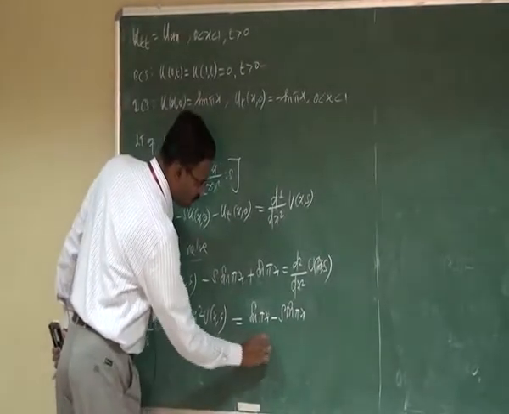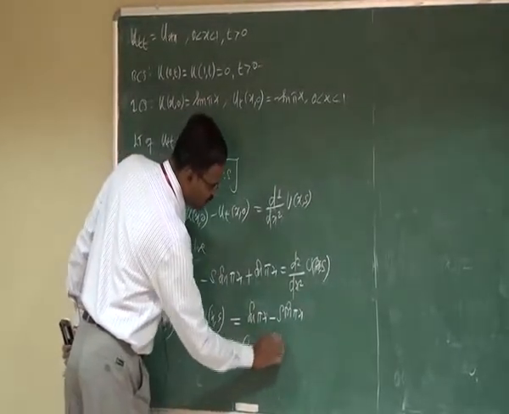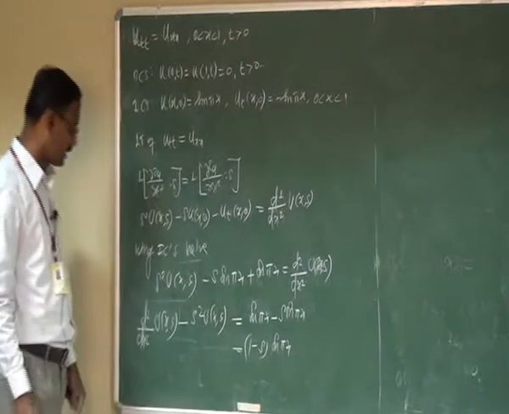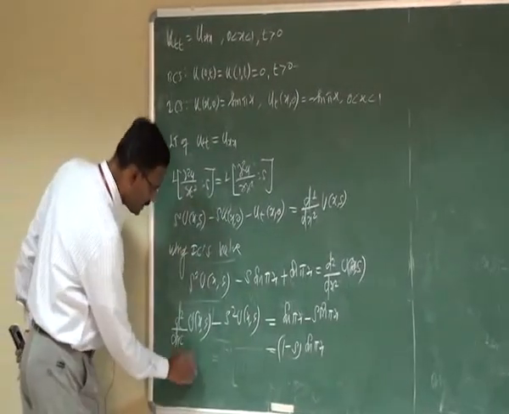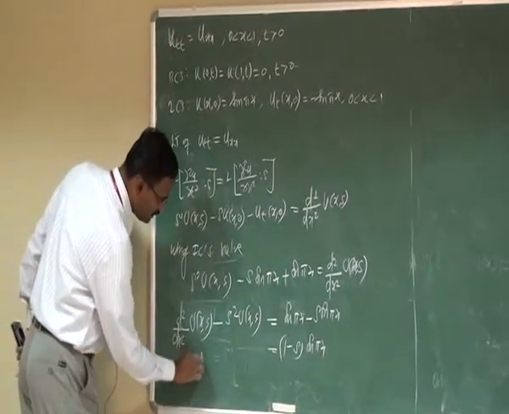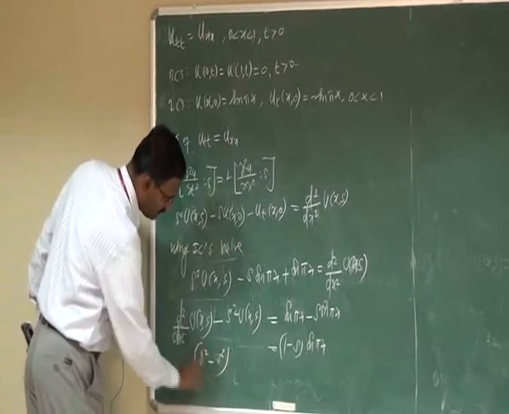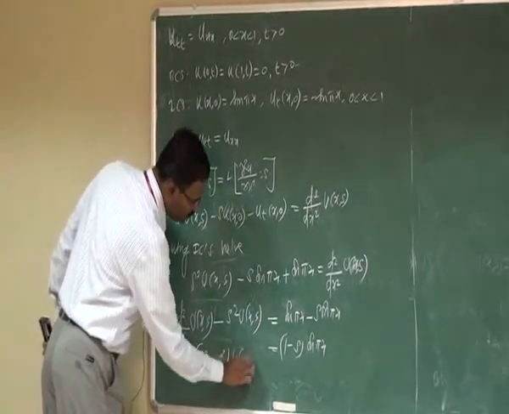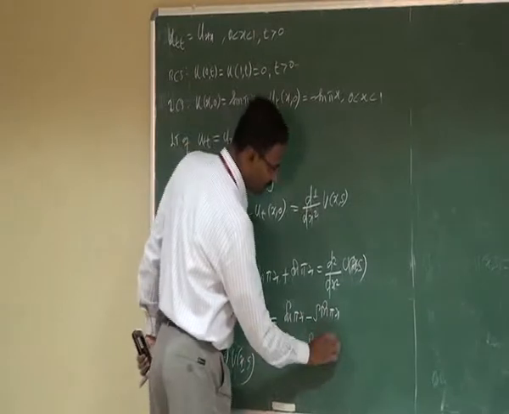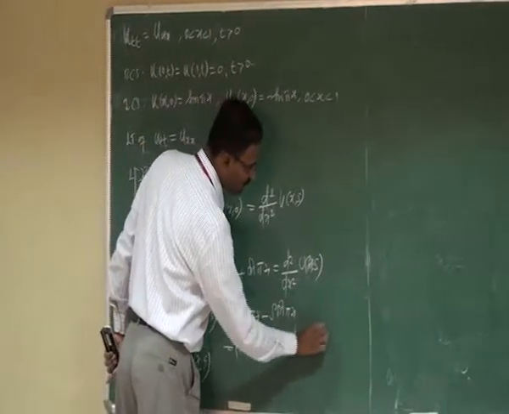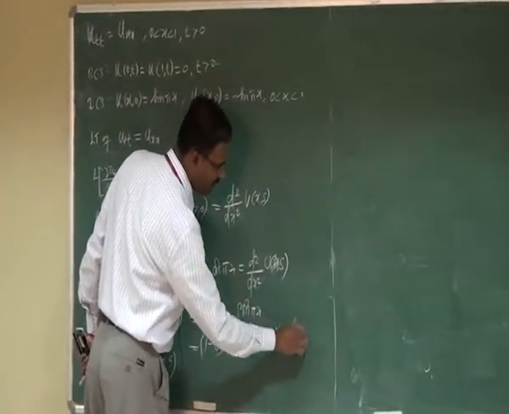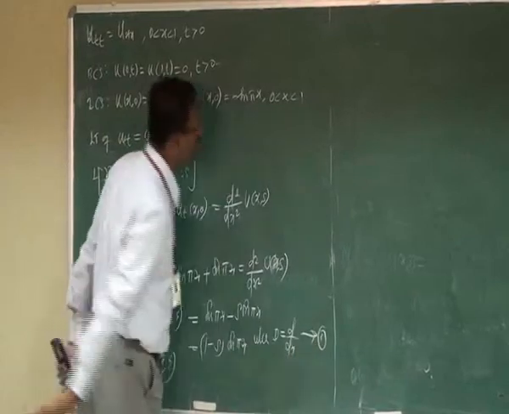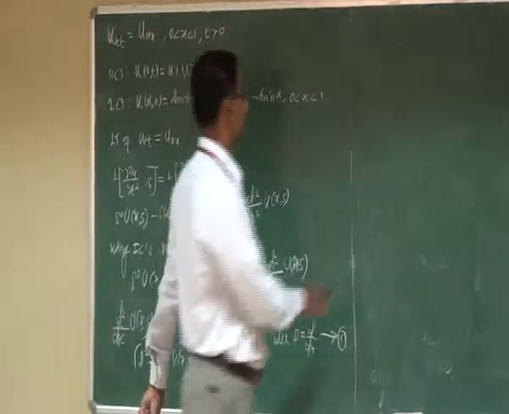So it is equal to 1 minus s into sin pi x. Here it is d square minus s square into u of x comma s, where d equals d by dx. Take it as equation number 1.